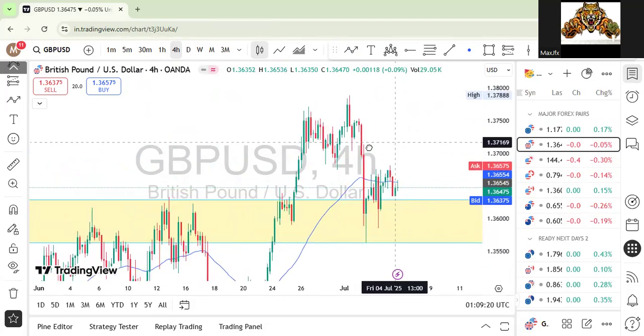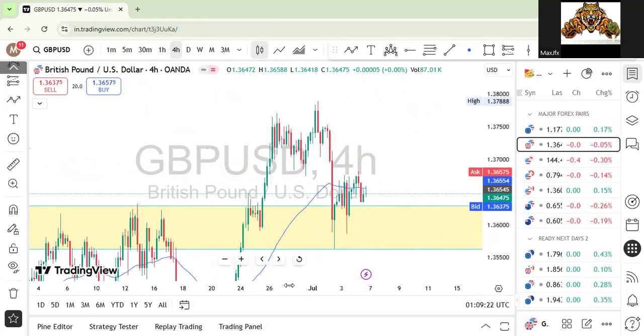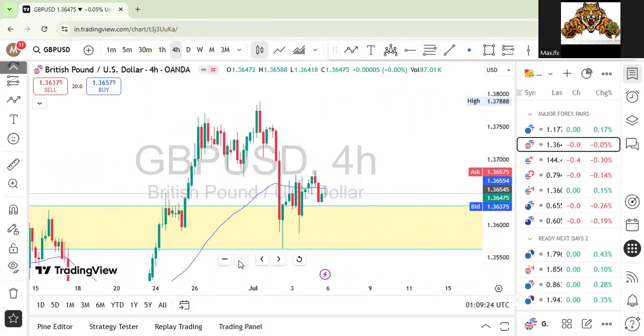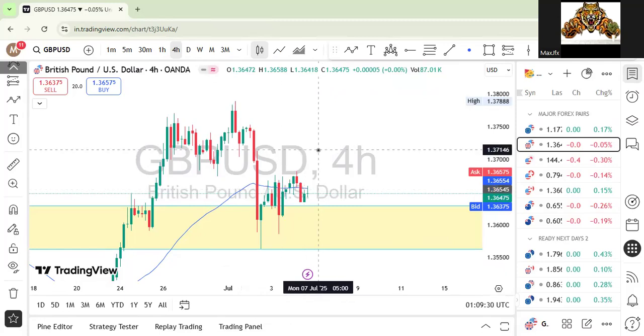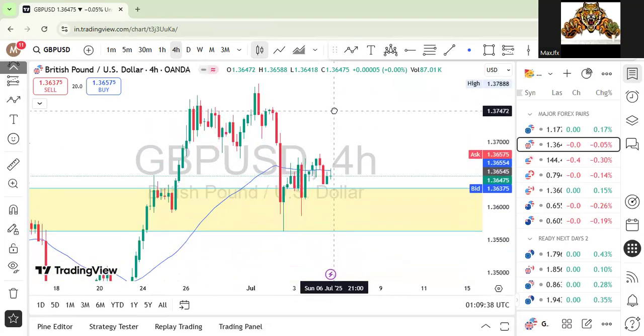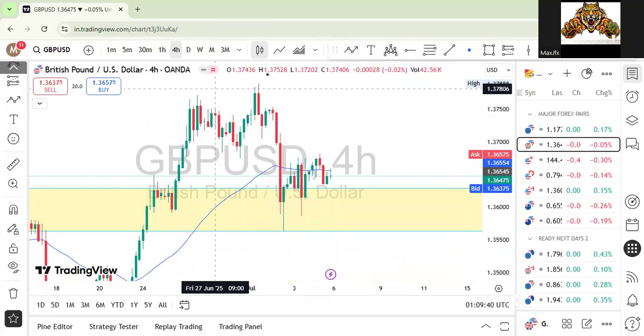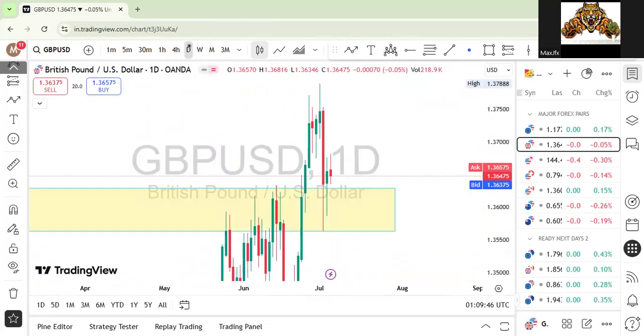Okay. I always want to let you guys know that when the EMA is in between the price like this, you have to be very, very, very careful. So what I'm going to do is wait patiently.